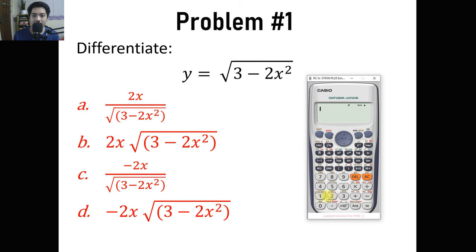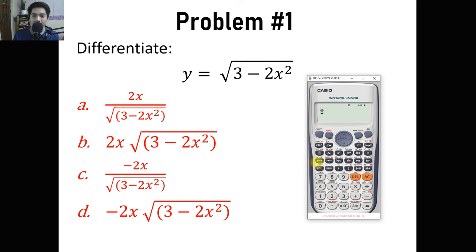Let's go now to letter B: 2 alpha x multiplied by 3 square root of 3 minus 2 alpha x squared. Calculate using 0.1, and that is the answer. Divide that by variable A. That's not equal to 1, so definitely letter B is not the answer.